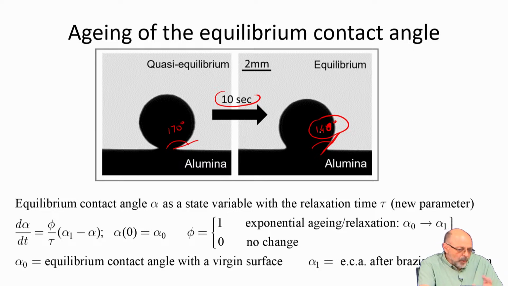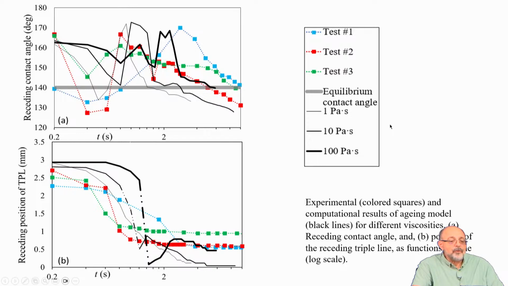You get slight wetting when you break down the oxide. So we introduce a state variable. We treat the equilibrium contact angle as a state variable which varies with time. It starts from a value alpha naught, which is this big angle, and exponentially decreases to a value alpha 1, which is the final equilibrium contact angle.